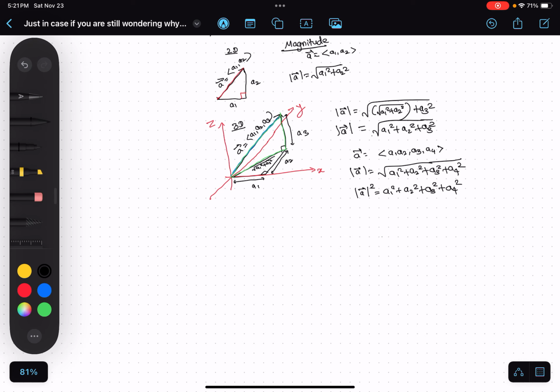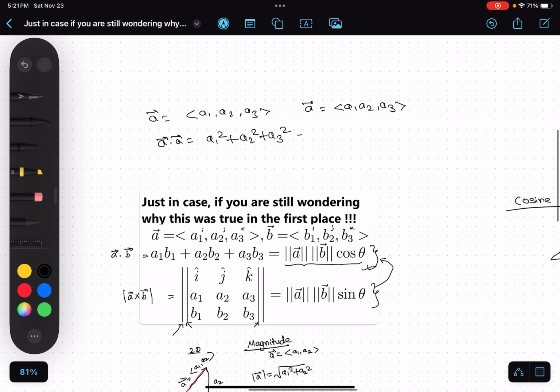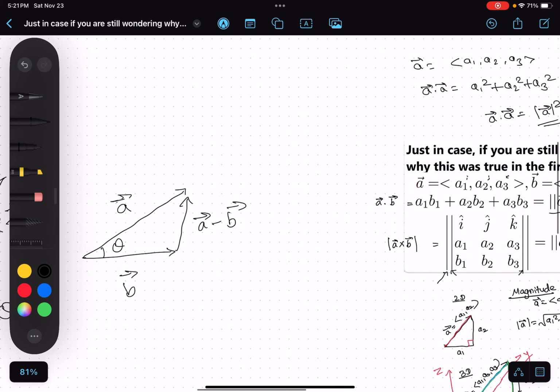If I just square the magnitude, I will get a1 square plus a2 square plus a3 square, and this is an important connection between dot product and the magnitude of the vector. So if we dot a with a, this is just the magnitude of a squared. So we'll use that over here to simplify this expression.